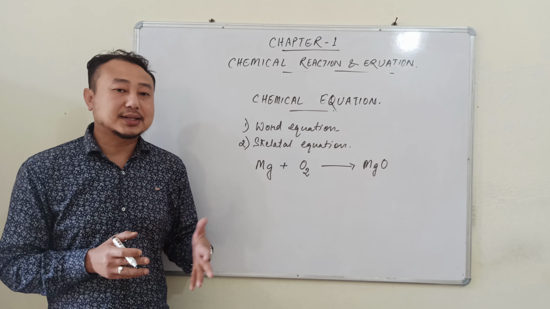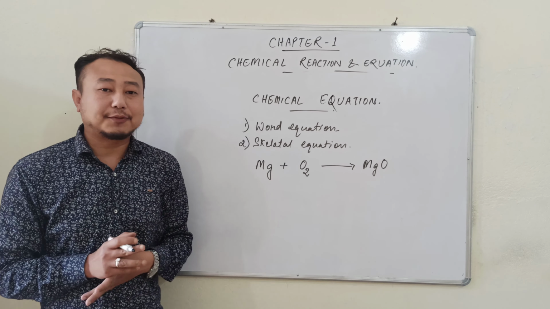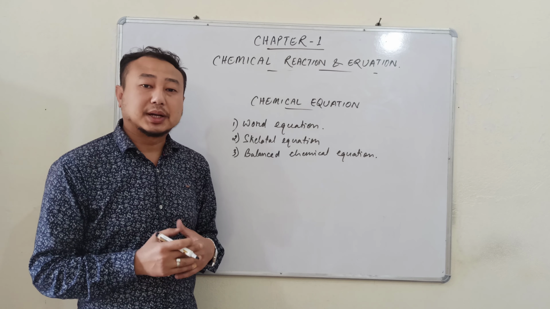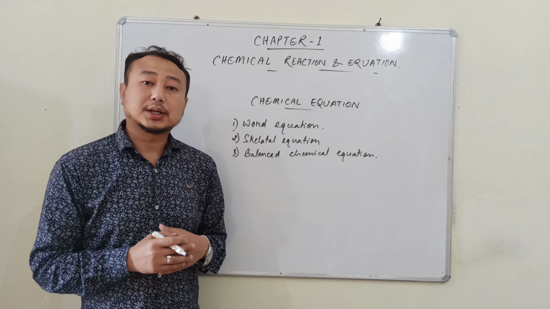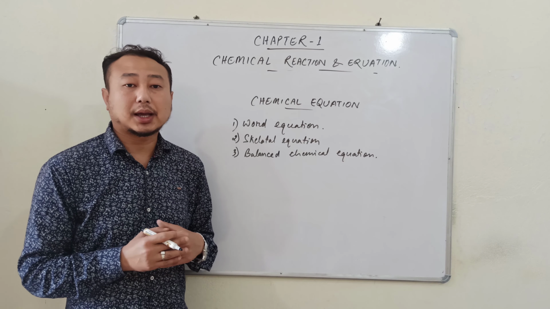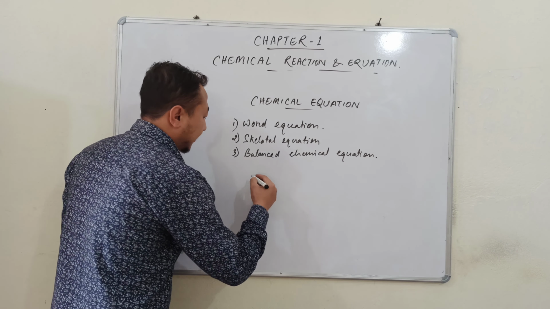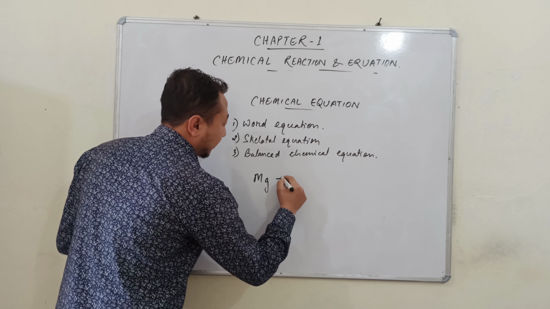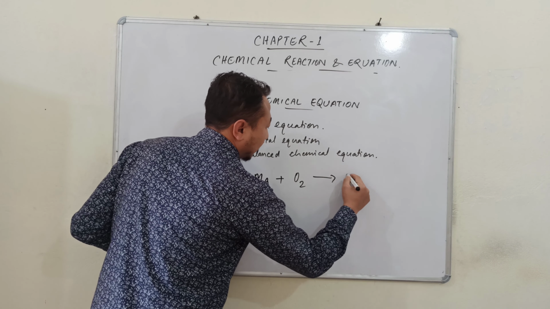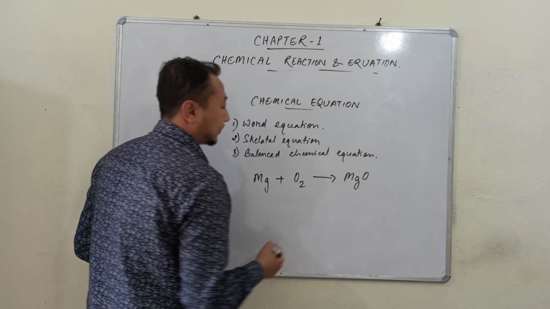Now let us see the third type of equation, which is the most important type of equation. The third type of equation is known as the balanced chemical equation. Let us see what is the balanced chemical equation by the help of an example. Let us take the same equation. Magnesium plus oxygen gives magnesium oxide.